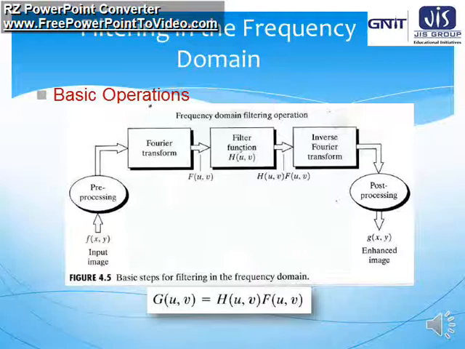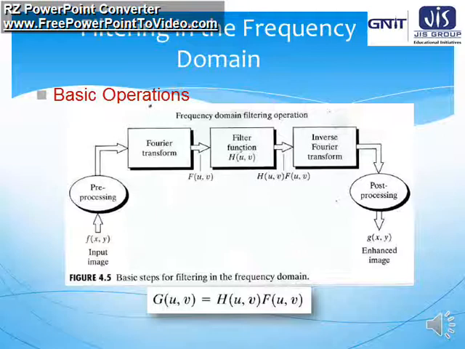H(u,v). So the output of this filter function block is the product of H(u,v) multiplied by F(u,v), which is given to the inverse Fourier transform block. These three blocks, the Fourier transform, filter function and inverse Fourier transform, are considered as the frequency domain filtering operations, and the output of the inverse Fourier transform is given to post-processing.